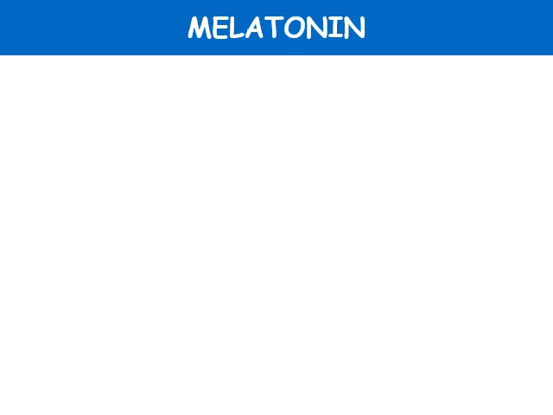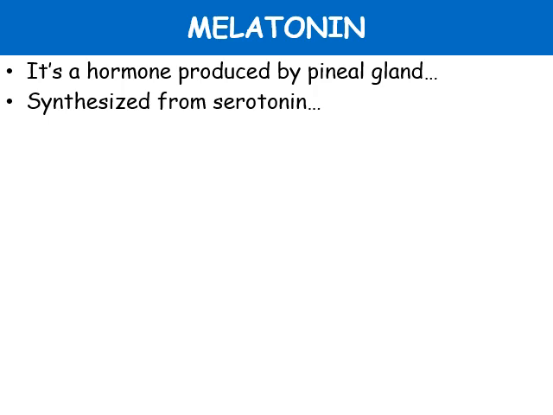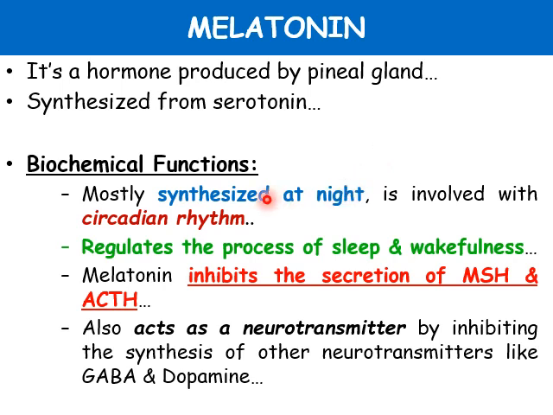Melatonin, that is the second neurotransmitter we have seen synthesized from the tryptophan. It is the hormone produced by the pineal gland and synthesized from the serotonin by the methylation reaction. The functions of melatonin: it is synthesized at night and is involved in circadian rhythm. So it regulates the process of sleep and wakefulness.